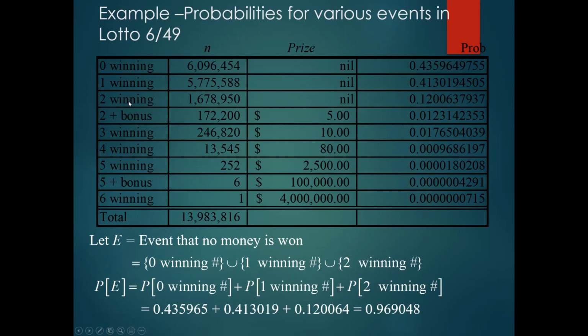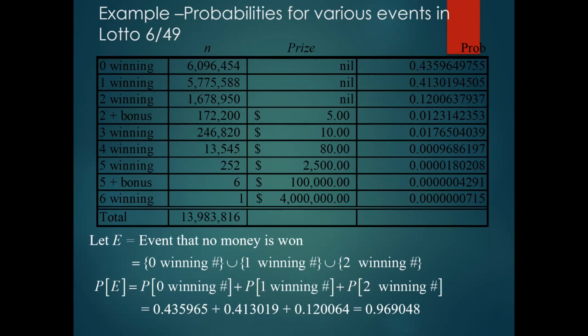If you actually compute the probability of winning, you have 0.00000000715 probability of winning a 649. That's how small the probability of winning the jackpot in a 649 lotto is. Very, very small.